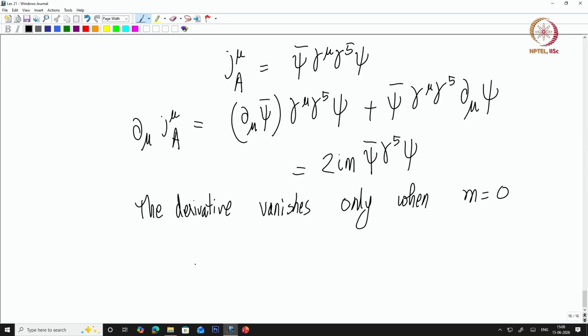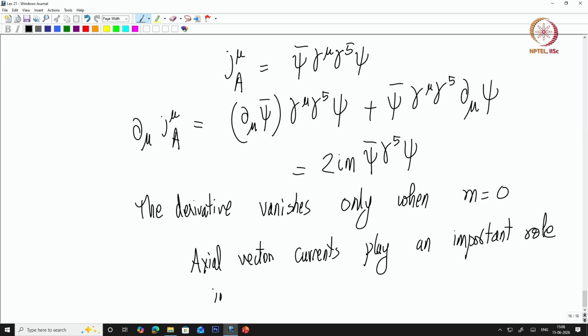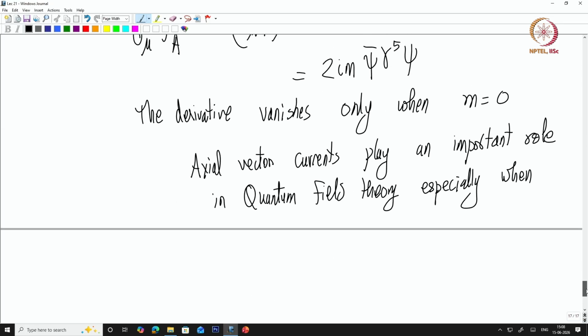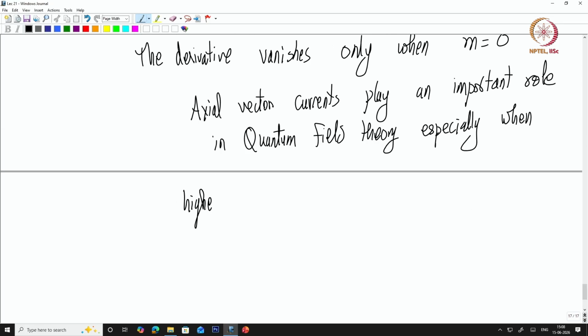In quantum field theory, axial vector currents play an important role, especially if you are considering higher order corrections.